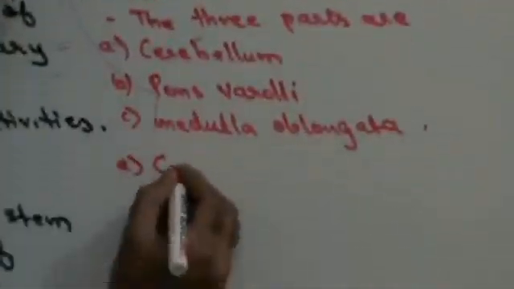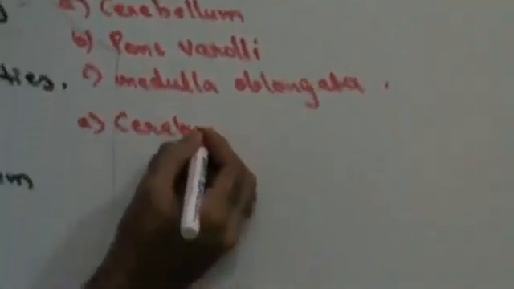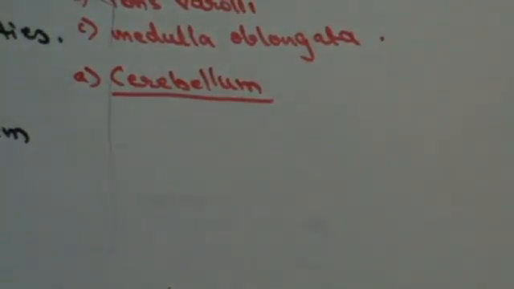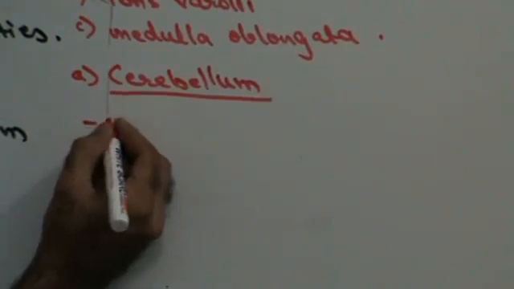First, let's see the cerebellum. The cerebellum is also called the little brain, and it is situated dorsally.